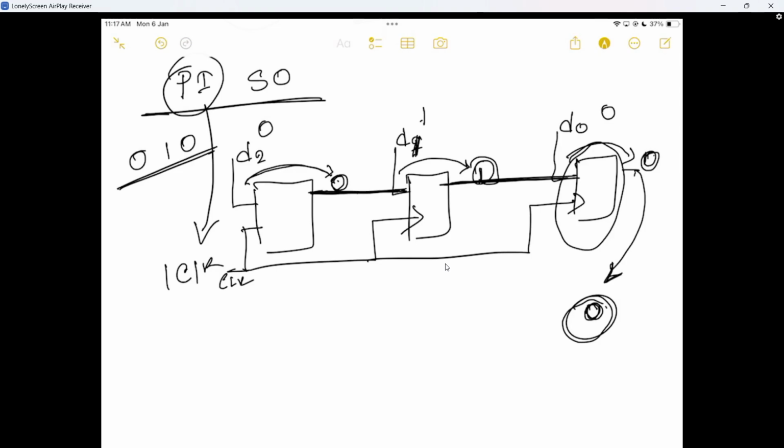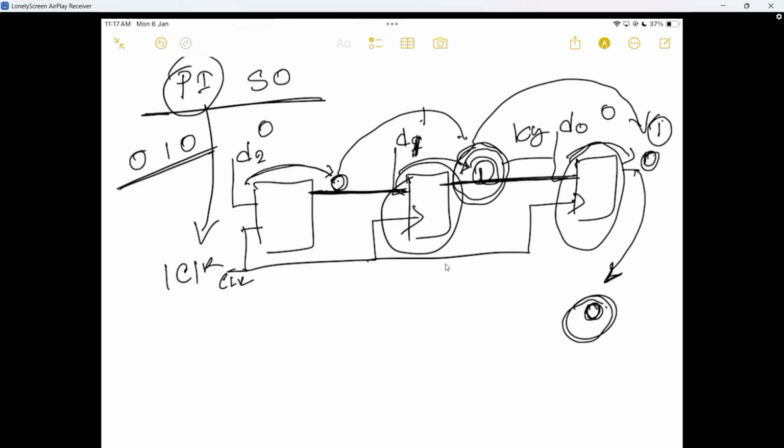But this flip-flop stores the 1 data, so it takes one cycle for this data to go here.